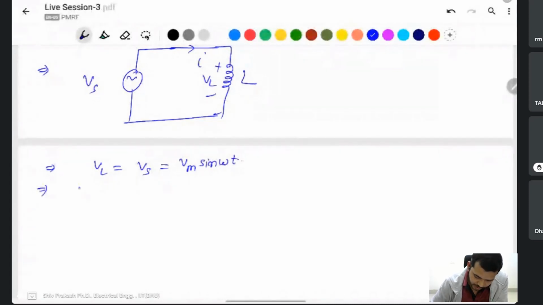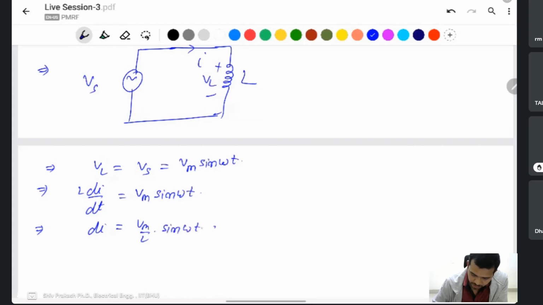And VL is L di by dt, so di is equal to Vm by L into sin omega t into dt. Apply integration on both sides plus some constant.